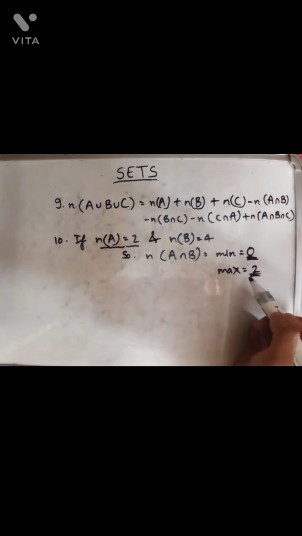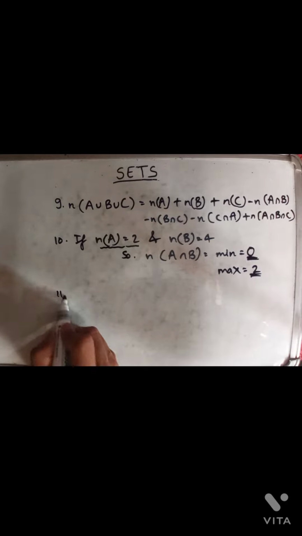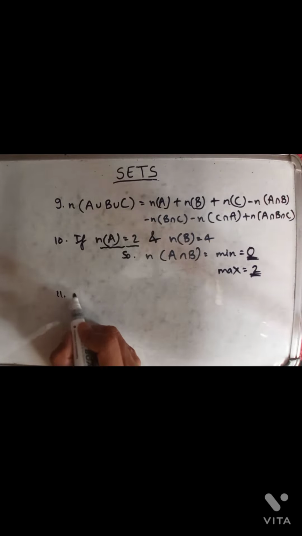So here the maximum means the maximum number that can be common in A as well as in B will be 2.